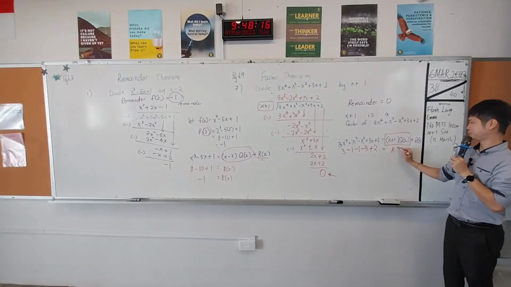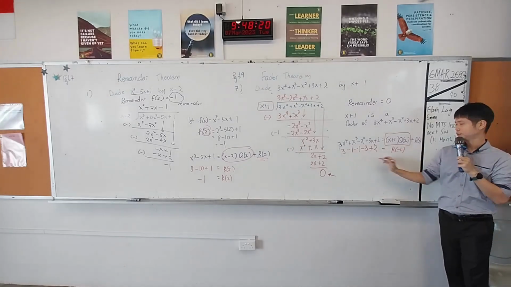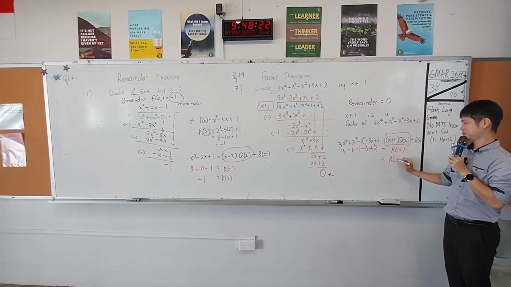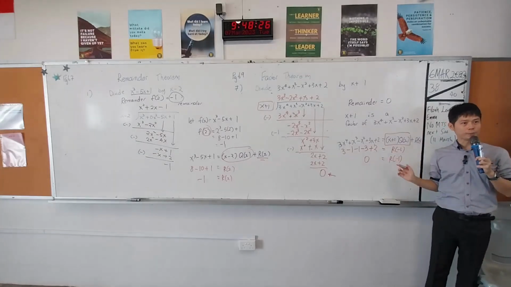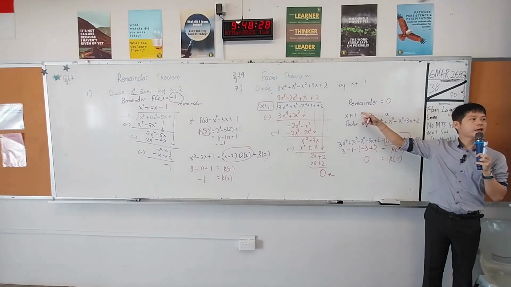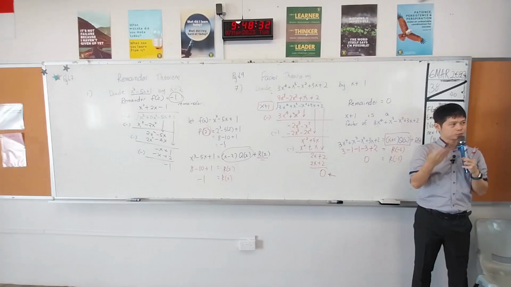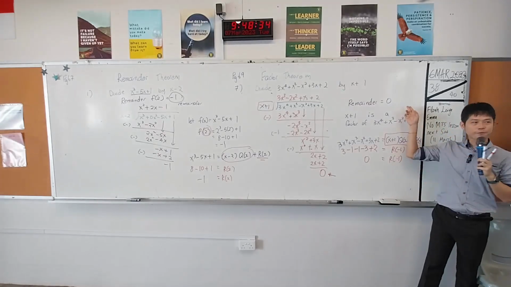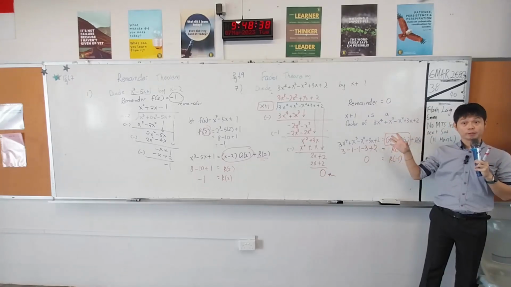So the remainder is 0. What does that tell us? If the remainder is 0, x plus 1 is a factor. To summarize, if the remainder is 0, we call this the factor theorem.